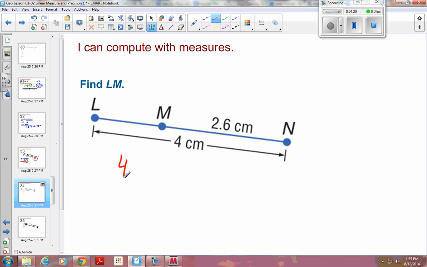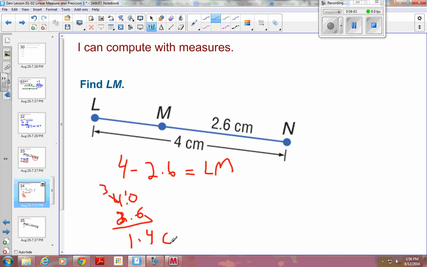So 4 minus 2.6 should be equal to whatever the distance is from L to M. If you need to write it 4.0 minus 2.6, borrow your 1. So that's going to be 6 goes from 10 4 times. 3 minus 2 is 1, and you get 1.4 centimeters. Final answer, with units, no naked numbers.